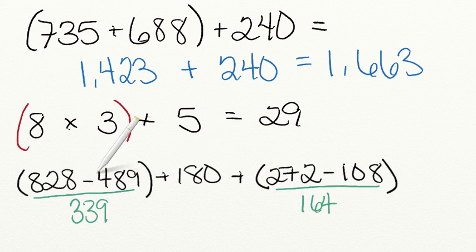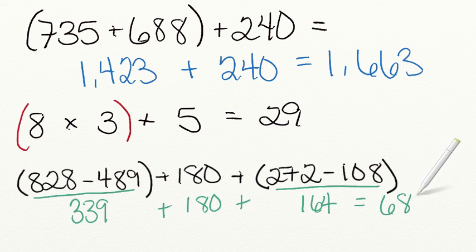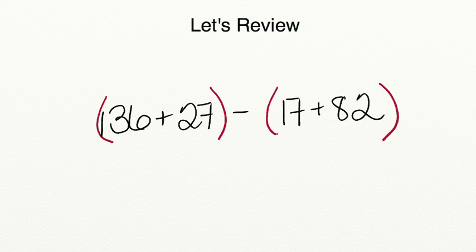So now that we've solved what's in our two sets of parentheses, we can finish our equation. So we have 339 plus 180 plus 164. And when we add all of those together, we get 683. Well done!